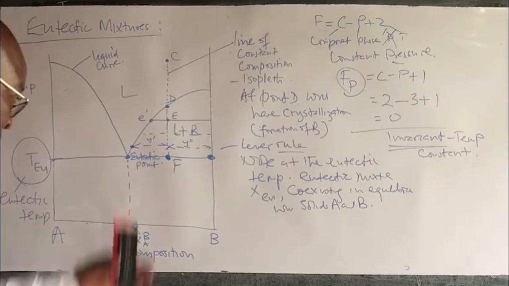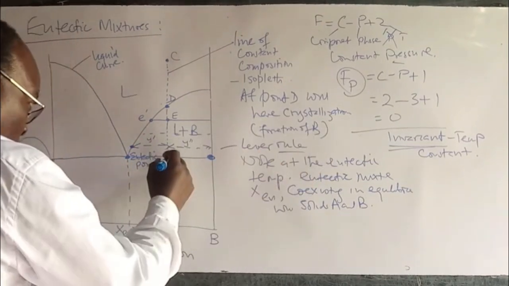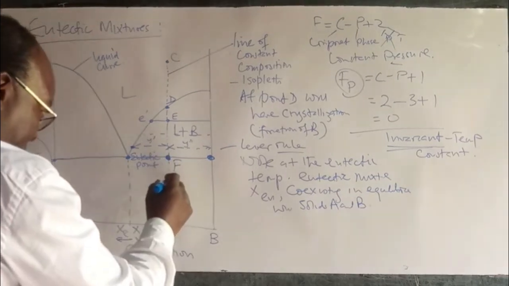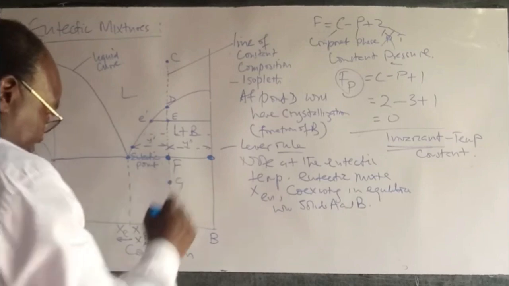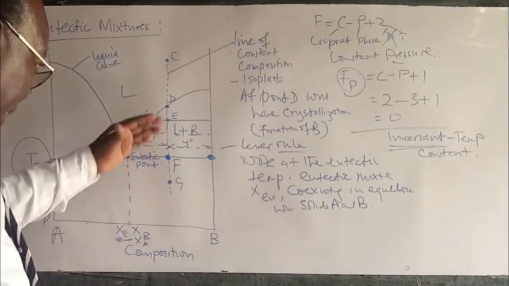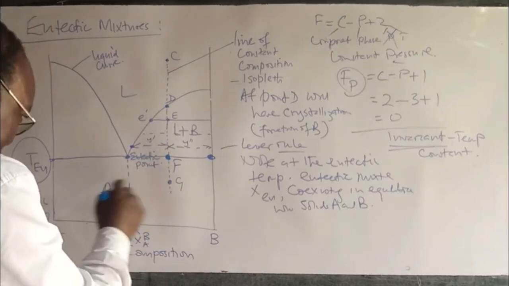And so finally, at some point, you'll have lost sufficient heat, and so we will now continue moving down in that direction. At this particular point where we now have G, all the liquid is gone, everything is crystallized. So we only have A and B in this quadrant here.